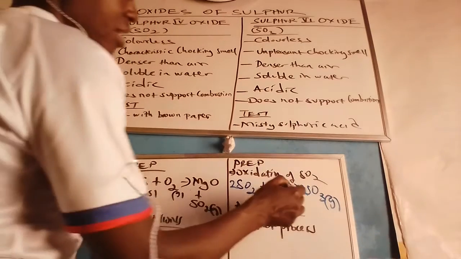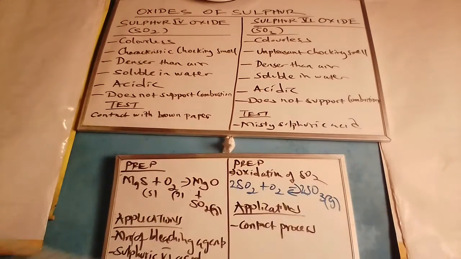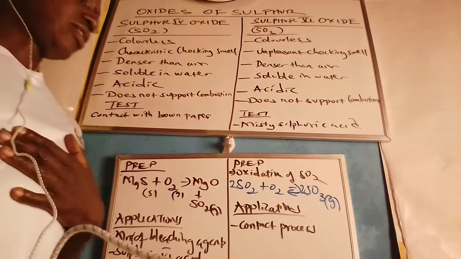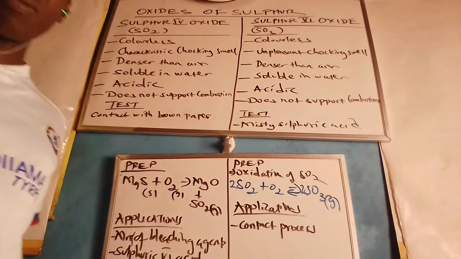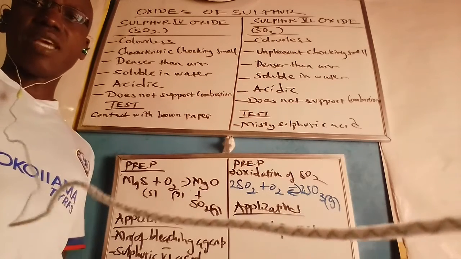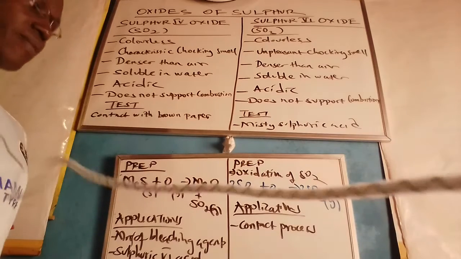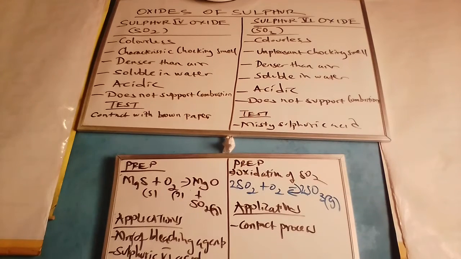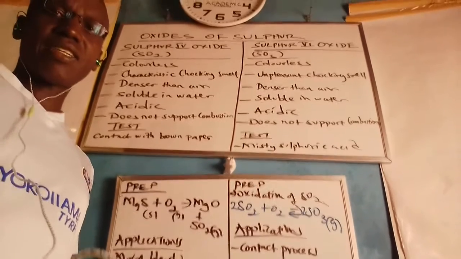The reaction is reversible and similar to what is done in the contact process, so it's precipitated at optimum conditions, where vanadium pentoxide becomes a catalyst. The pressure is between 2 to 3 atmospheres, and the temperature fixed at around 450 degrees Celsius. The application is mainly in the contact process for the large-scale manufacture of sulfuric 6 acid.